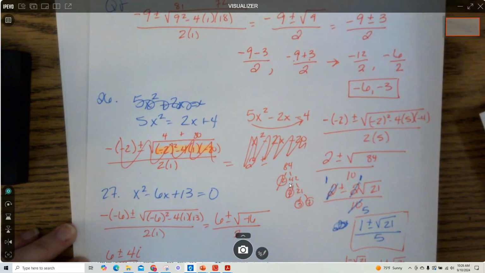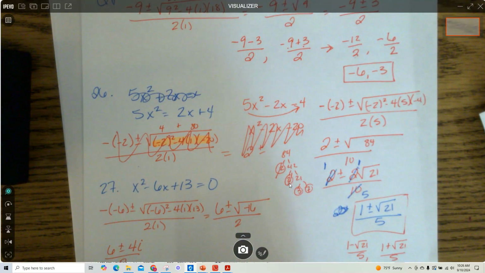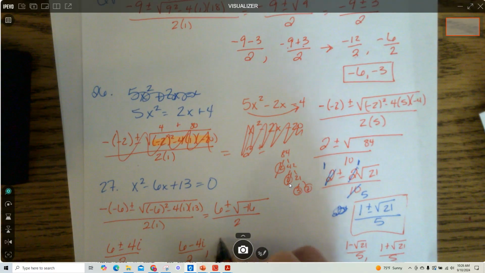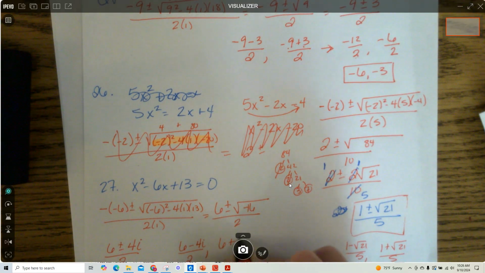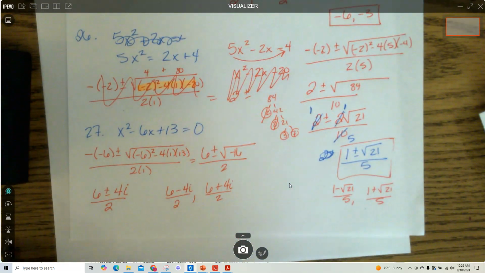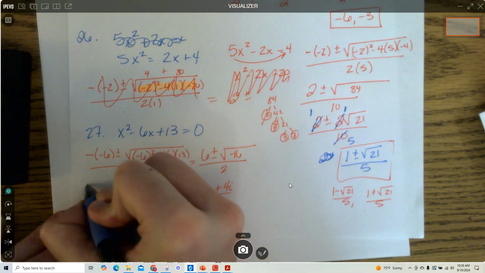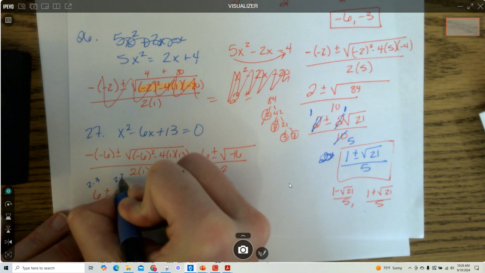Okay. Joseph did tell me that for answers like this where we pulled out a negative, they did want them split, so like 6 minus 4i over 2, comma 6 plus. Y'all see what I did? I didn't simplify. So 6 is 2 times 3, 4 is 2 times 2.